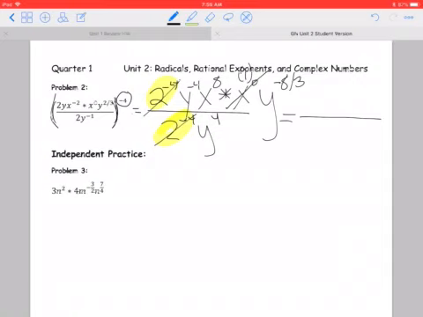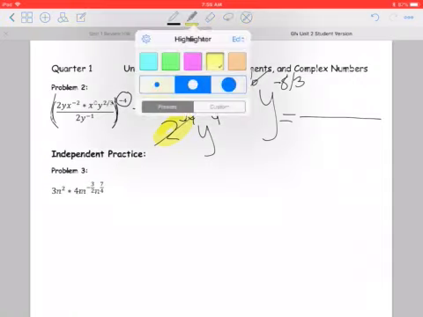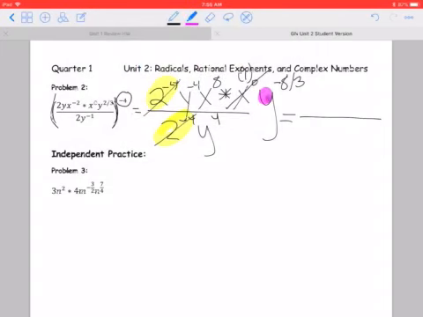And then I'm going to go ahead and start adding things that have the same base. So like we have y here, and y here. So I'm going to go ahead and just simplify the top for now. Y to the negative 4 times y to the negative 8/3.